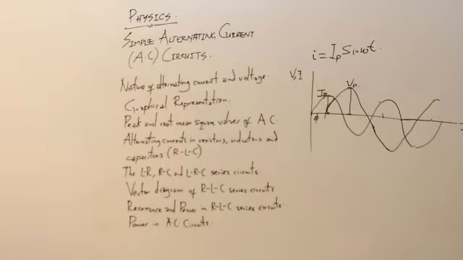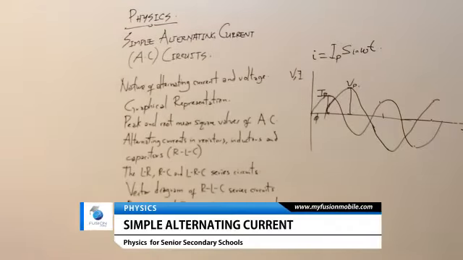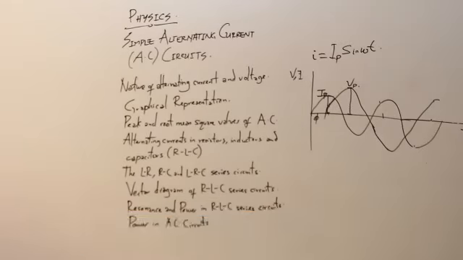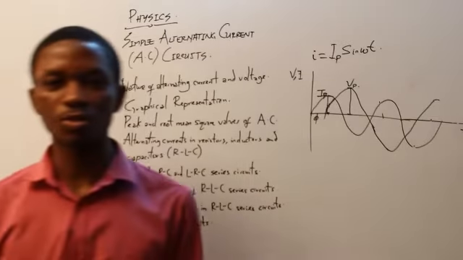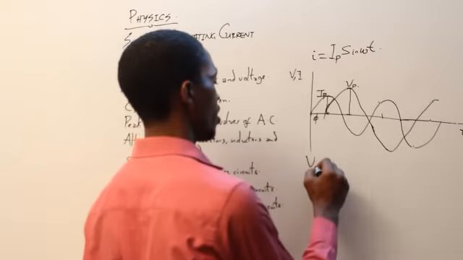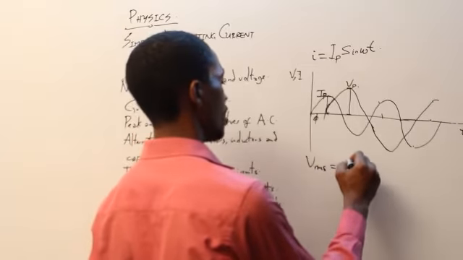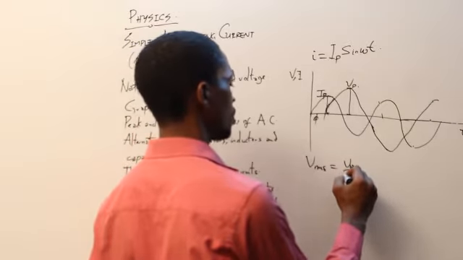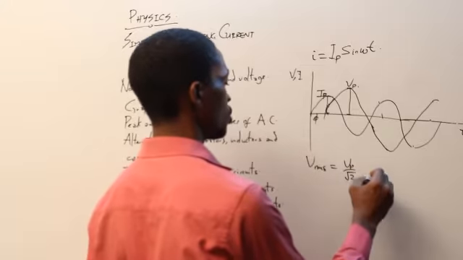But there are other things that should be noted. Apart from the peak current, there is also what is described as the root mean squared voltage or root mean squared current. The root mean squared voltage, that's VRMS, is calculated as VP over root 2.